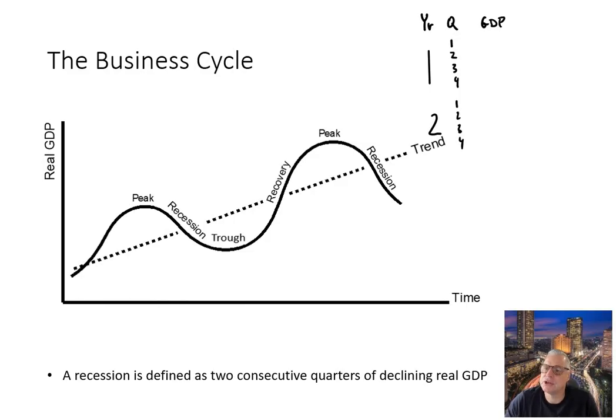Let's say the GDP is 20, 25, 22, 24. And then again 22, 26, 25, and 23.